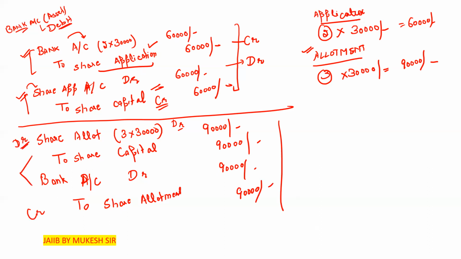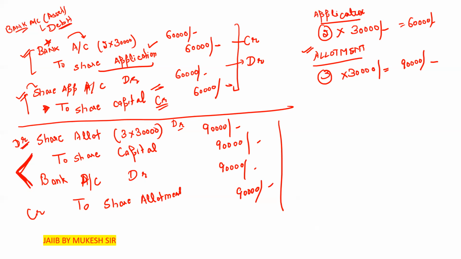So in the net, the share capital and bank account transactions remain present, and in the rest of the accounts the transaction is nullified. Because one time we debited that account, and the second time we credited that account.